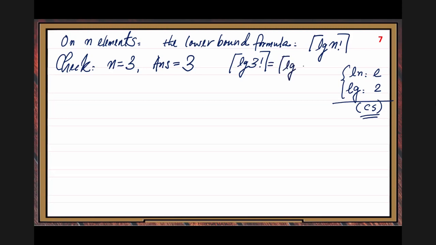Log base 2 of 6, right? 3 factorial is 6, then you get 3. Then, n equals 4. We did it before, the answer is 5, right? But what is the ceiling function of log base 2 of 4 factorial?